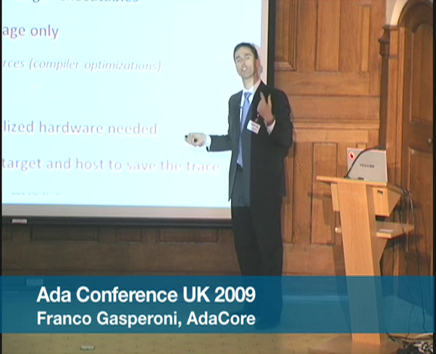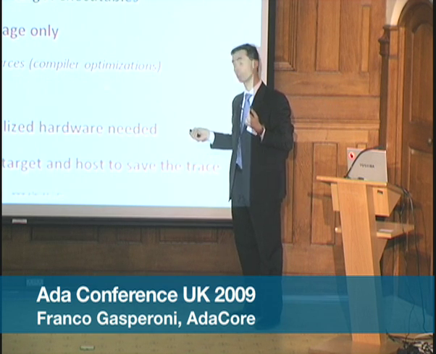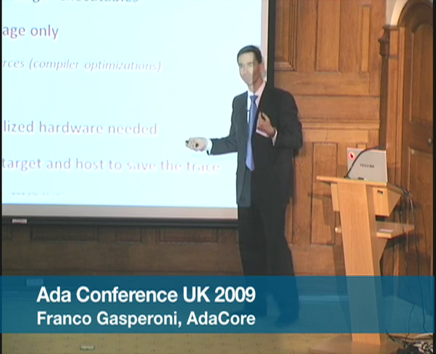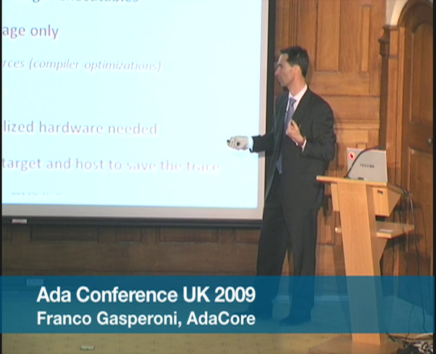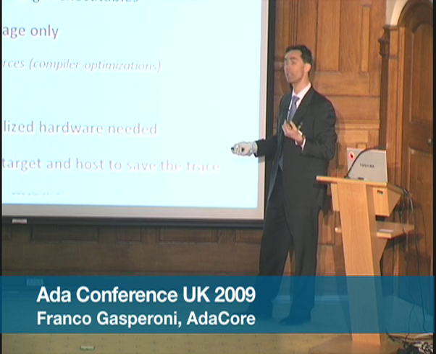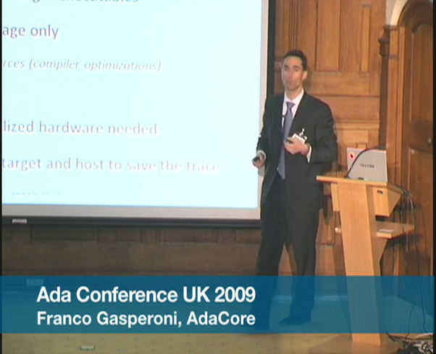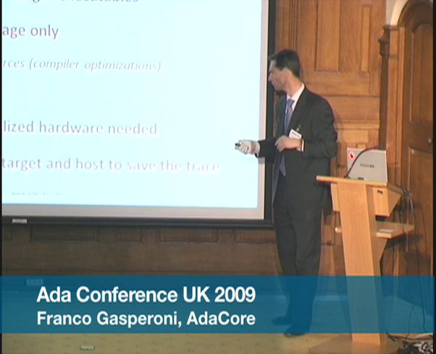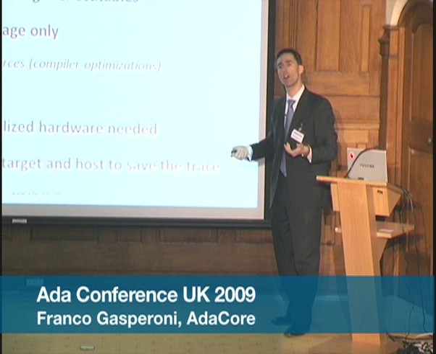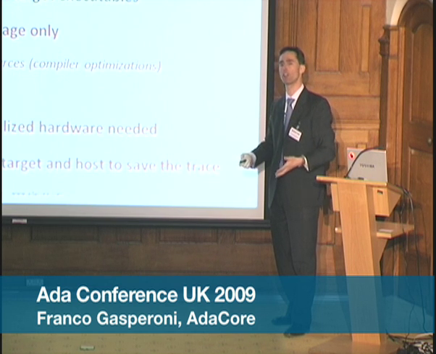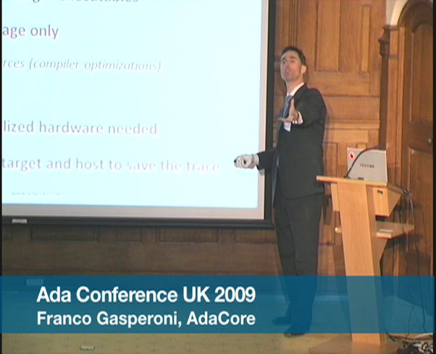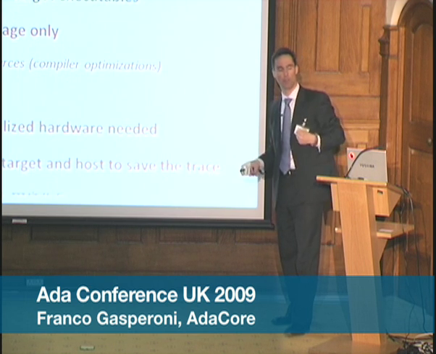How do you go back to your sources in the presence of compiler optimizations? How do you achieve MCDC? That's far from straightforward. And it can be slow. For instance, if you're single-stepping, the CPU is very slow, or you need extra hardware. And in any case, you need the target hardware. And you need a connection between the target and the host to get the trace information back on the host.